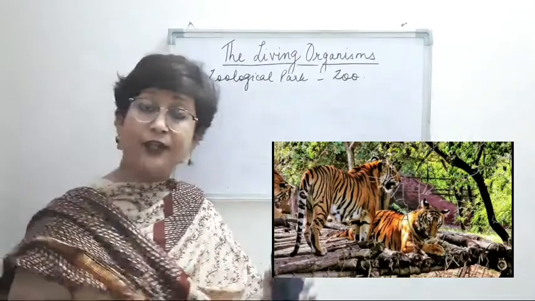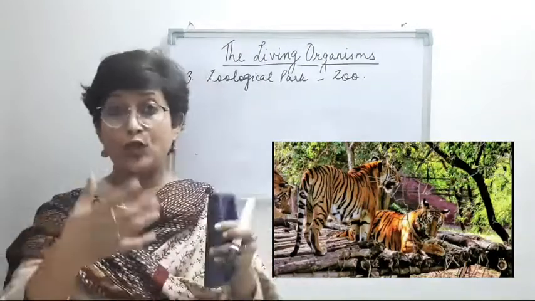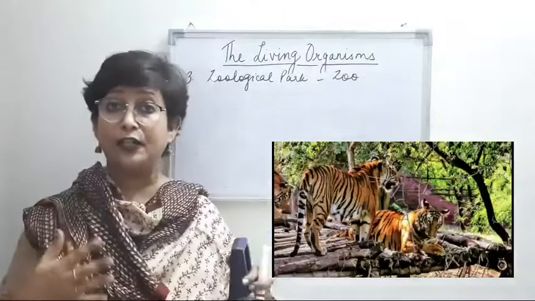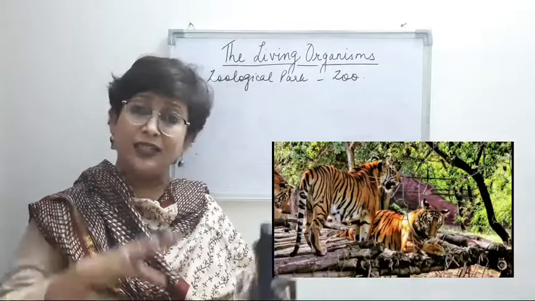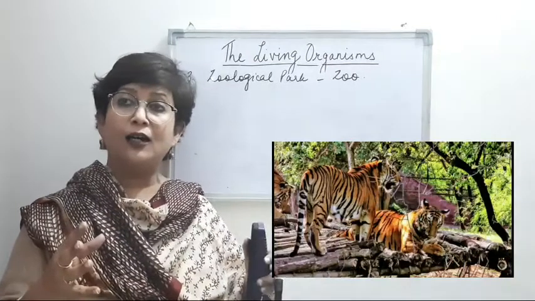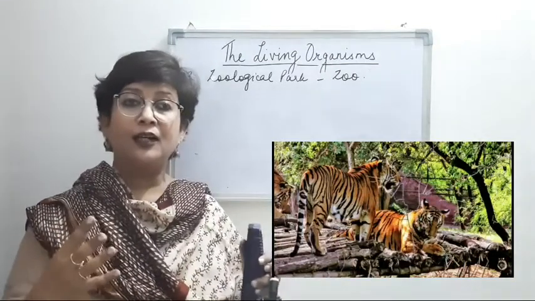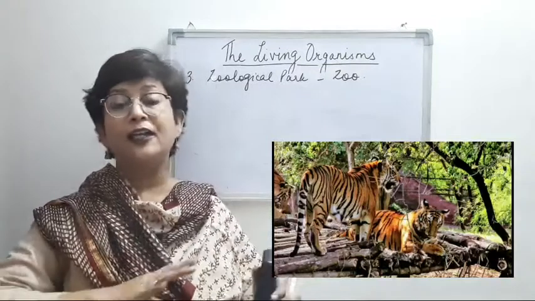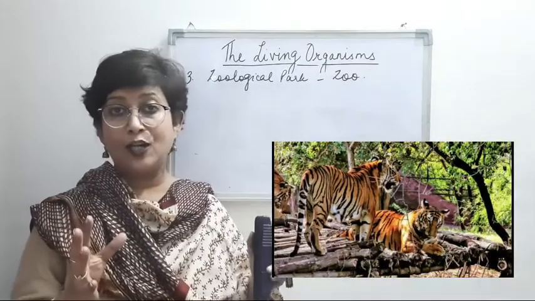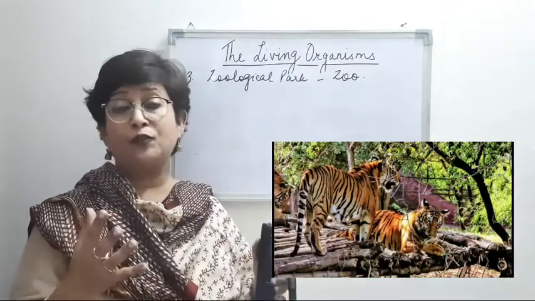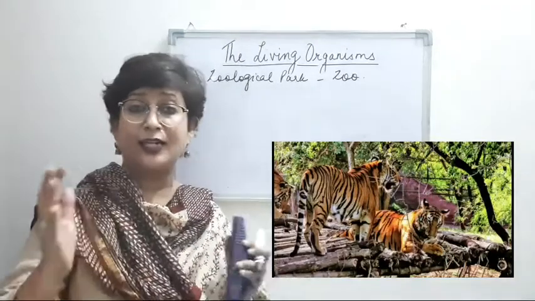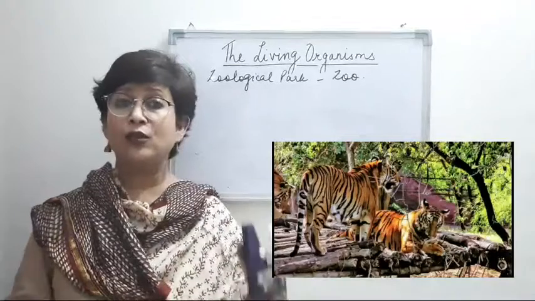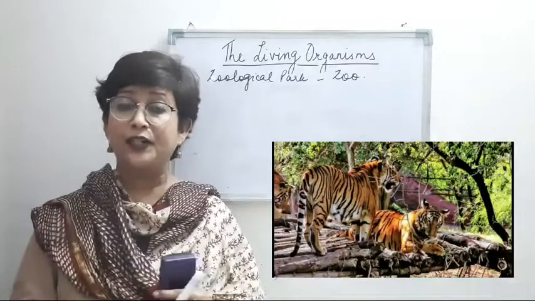And basically why are they kept in the zoo is of course for the scientific purpose, to study, to know more about the animals. And then there are certain animals which may be facing a kind of threat in their natural habitat, right? And so breeding of these organisms would be difficult, right? So to avoid that, these animals are brought to the zoo also, so that normal breeding can take place.